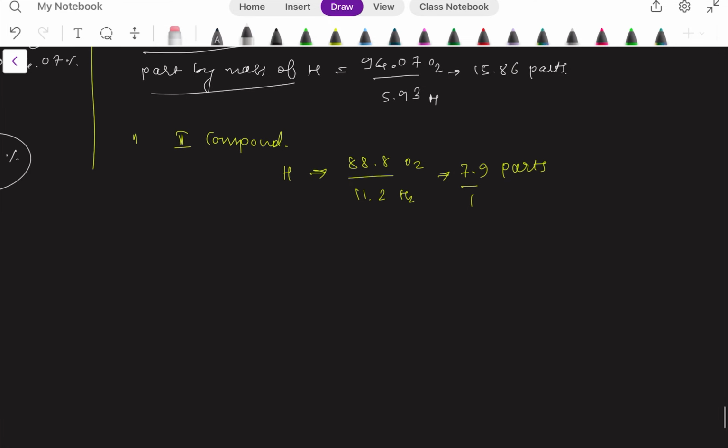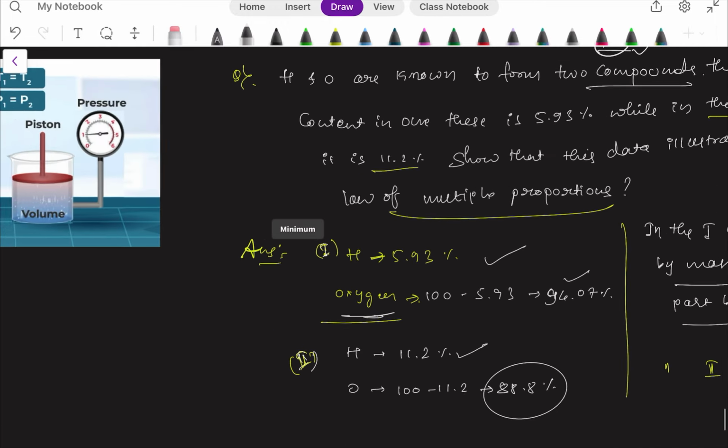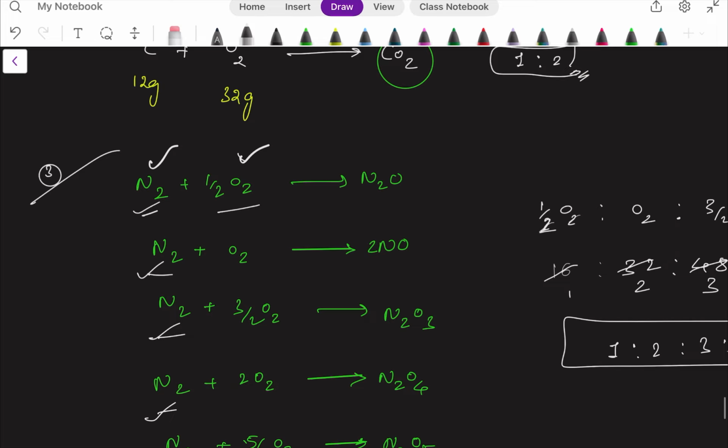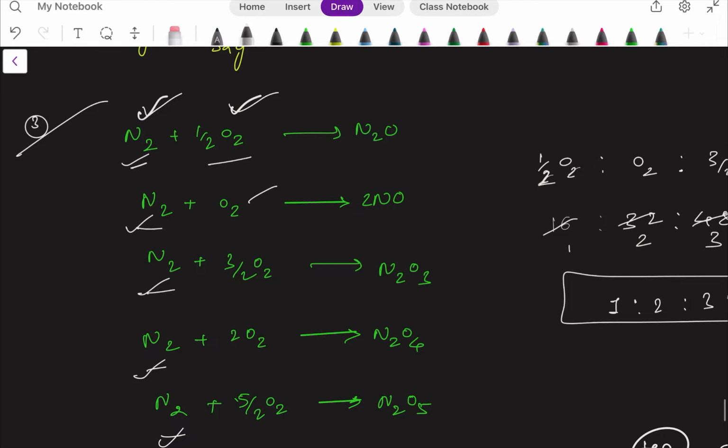You now understand that the ratio of masses of oxygen that combines. I said the same thing here, you people look: when it comes to the above molecule, oxygen is trying to combine with nitrogen. Here also oxygen is trying to combine with nitrogen, but here the value is different, right? That only we need to understand here.